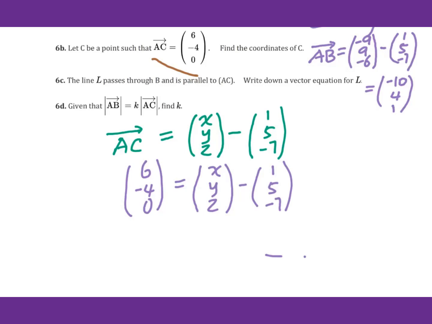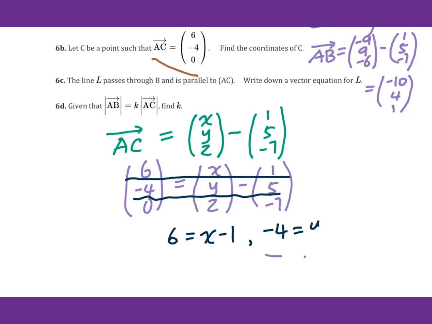We will set up the system of equations. Let's look at the first row. We have 6 equals x minus 1. Second row, you have negative 4 equals y minus 5. Third row, you have 0 equals z plus 7.